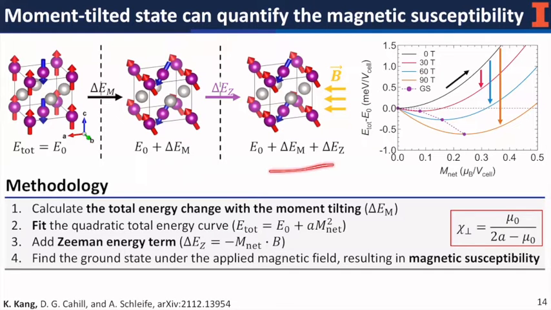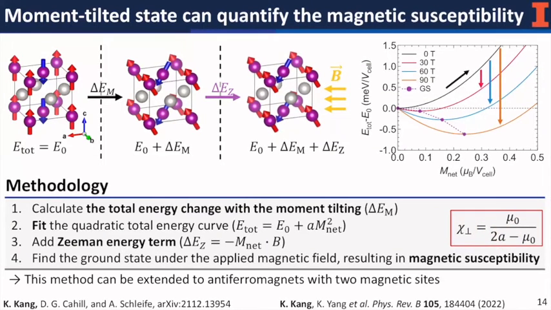By solving the total energy equation to find the minimum, we can conclude that the perpendicular magnetic susceptibility is inversely proportional to the curvature of the total energy curve. This method can also be extended to antiferromagnets with two magnetic sites.